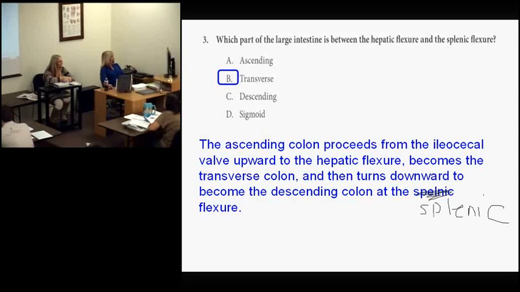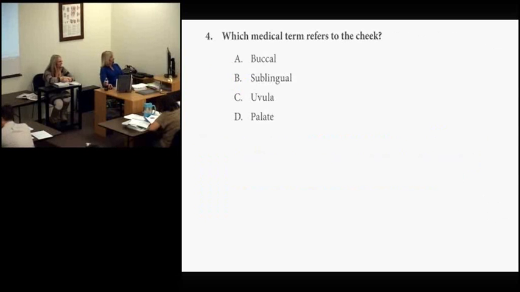All right. Number 4. Which medical term refers to the cheek? It is A, buccal. How would you know that? Look up buccal in the back of the index of the CPT. If you have no idea what buccal means, if you look up the word in the back of your index of CPT, it will take you to a procedure being done on the person's cheek.